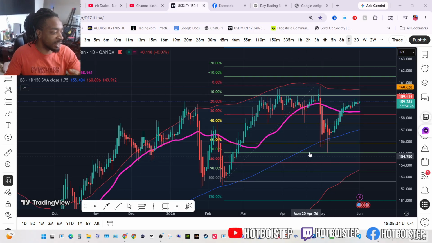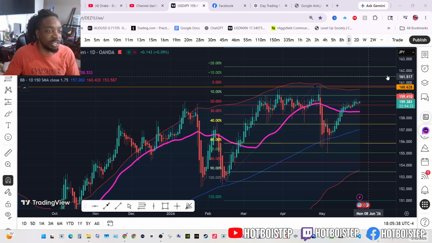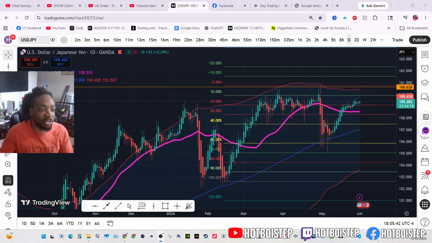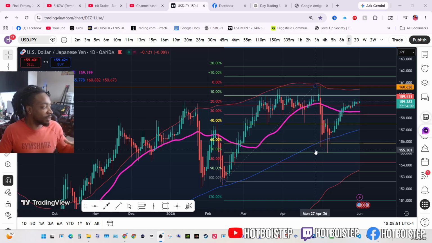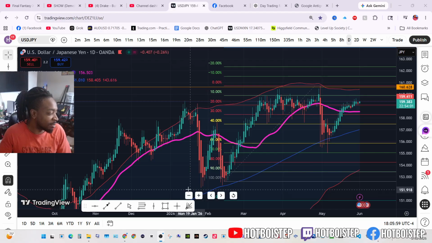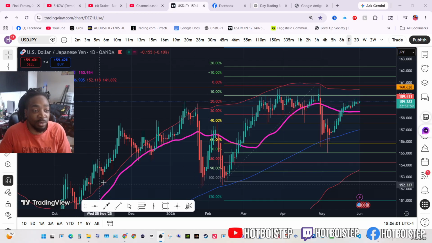All right. So if you look at this chart, it's a USDJPY setup. This is the day chart on the Heikin-Ashi candles, so you can see exactly what the trend has been doing probably since the middle of last year.